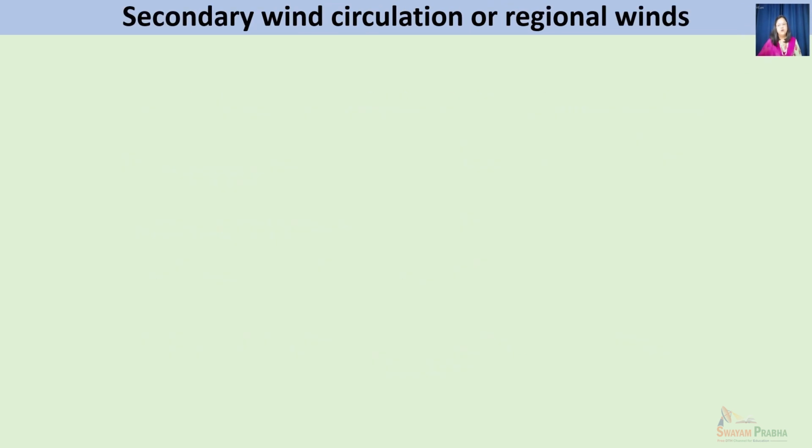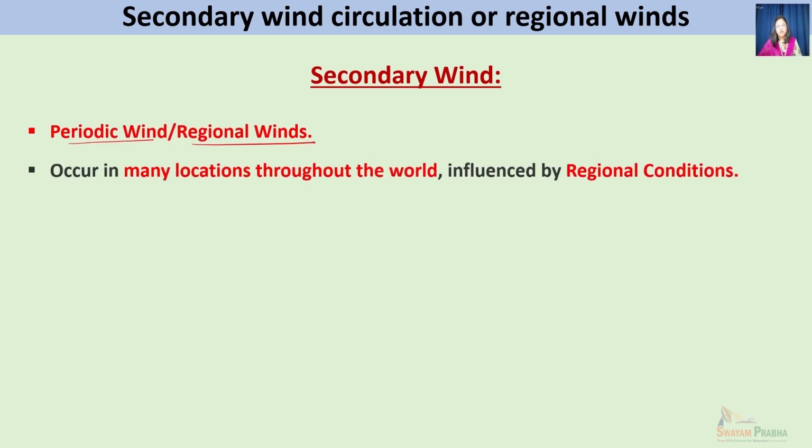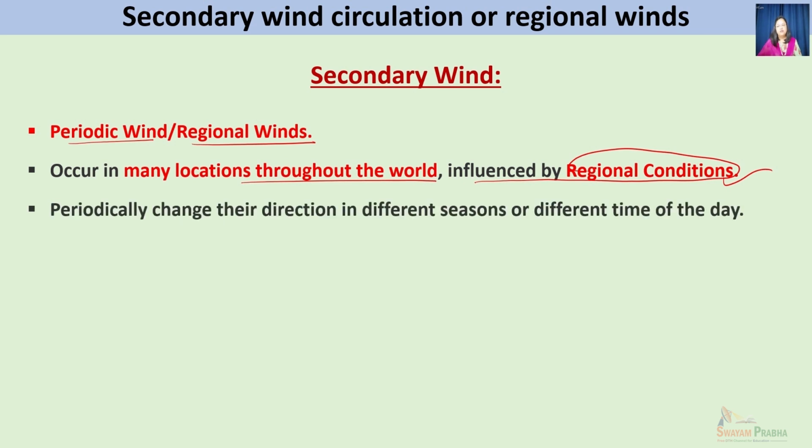What are secondary winds? Secondary winds are basically periodic winds or regional winds. They occur in many locations throughout the world and they are greatly influenced by the regional geographical and geophysical conditions of a particular area. They periodically change their direction in different seasons or different time periods of the day.